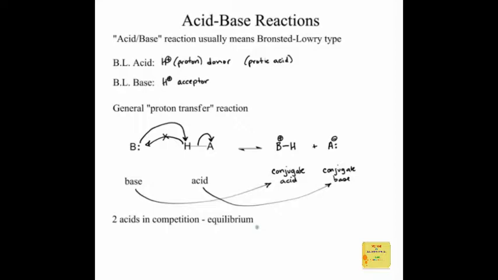So we have a competition for this equilibrium, and the rule is that the equilibrium lies in the direction of the weaker acid-base pair. This is an important rule to keep in mind. We'll see lots of examples of this as we move along.